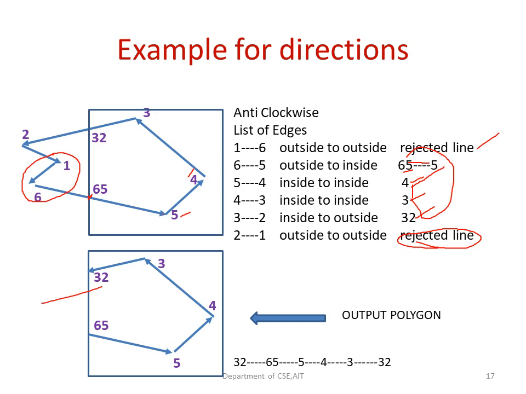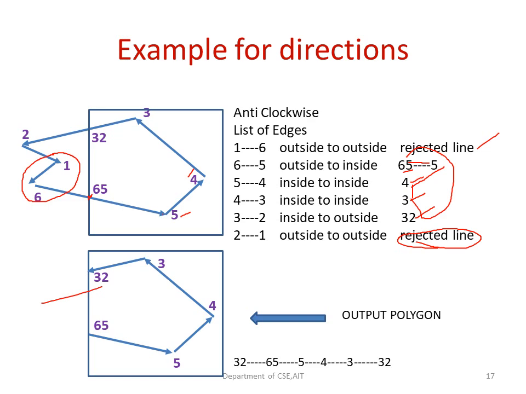I want to find now which edges are inside my clipping window and which edges are outside my clipping window. So first I am going to list all my edges. After listing all the edges, I will look into each of these edges one by one. We can see that the edge from 1 to 6 is outside to outside. That means the complete line is lying outside the clipping window and it can be trivially rejected.